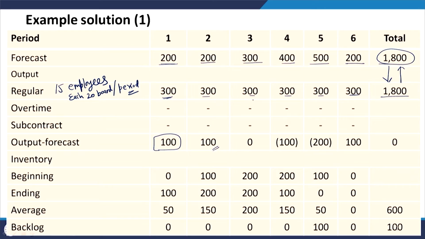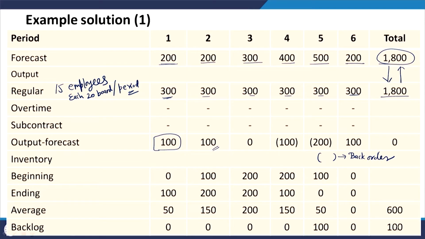In this third period your demand is 300 units and you have produced 300. So, there is no leftover in this particular period. In the fourth period you have a forecast of 400 units, you produce 300 units. So, you have a back order of 100 units. This sign represents back order.